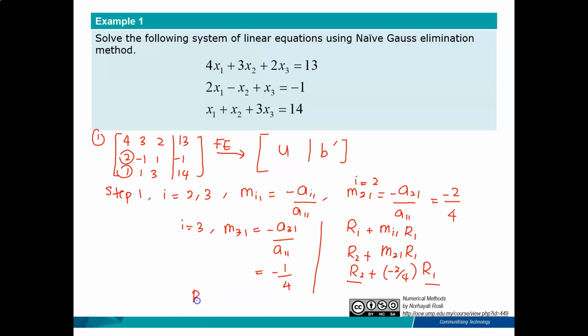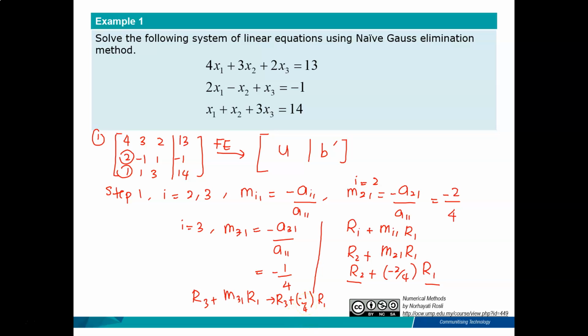So it is R3 plus m31 R1, means R3 plus negative 1 over 4 times R1. So in this case, you will have the formulas for the first step. This is your row operation formula for R2, and this one is the row operation formula for R3.